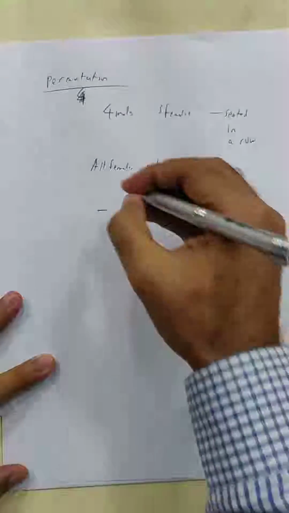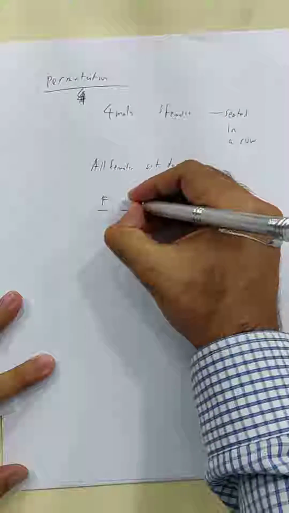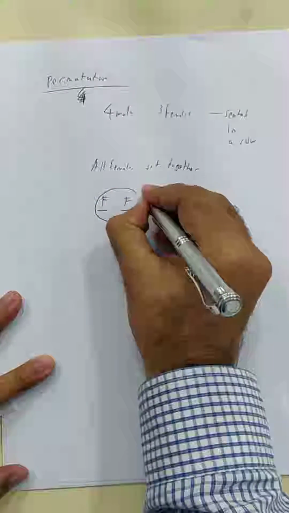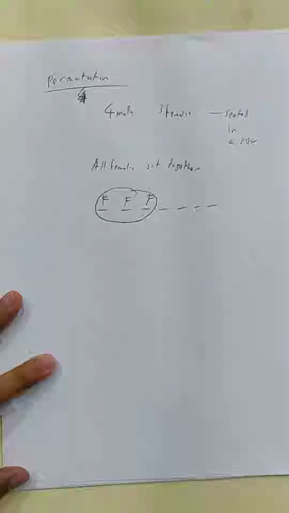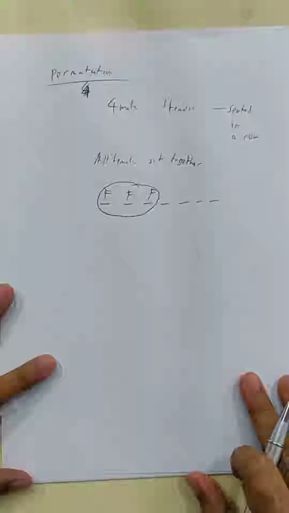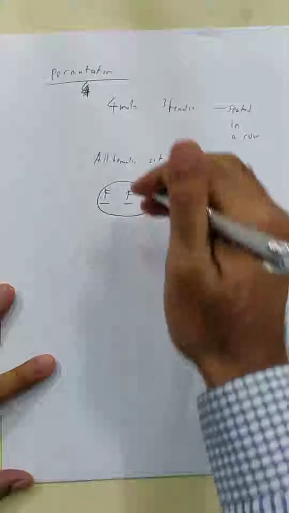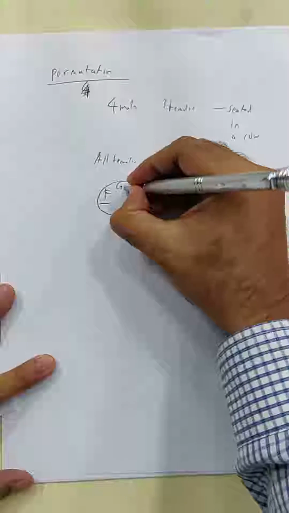There are 7 places. The three females must be together, so we can group them up. There is a faster way to solve this. Last week I showed you we make another layer, right? But we can declare this as a group of females as well.